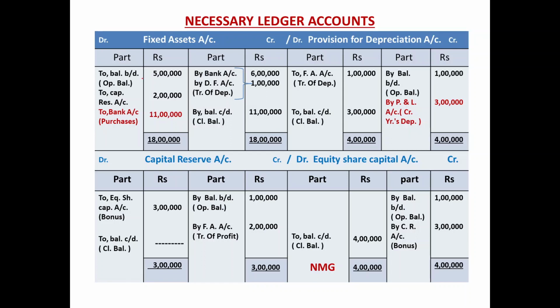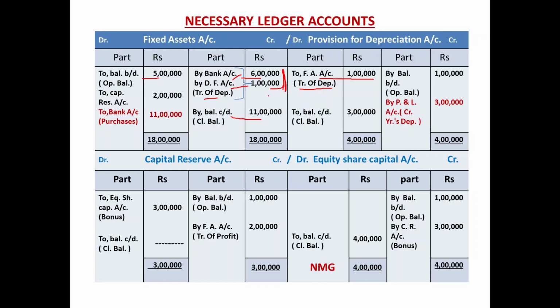Opening balance of fixed assets account rupees 5 lakh, closing balance rupees 11 lakh. First journal entry that we passed, bank account debited rupees 6 lakh. Depreciation fund, that is provision for depreciation account, debited rupees 1 lakh, transfer of depreciation. To fixed assets account credited rupees 7 lakh. Opposite narration, bank 6 lakh, depreciation fund 1 lakh, transfer of depreciation to fixed assets account credited 7 lakh.